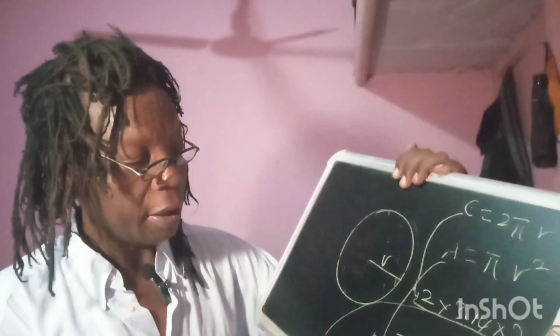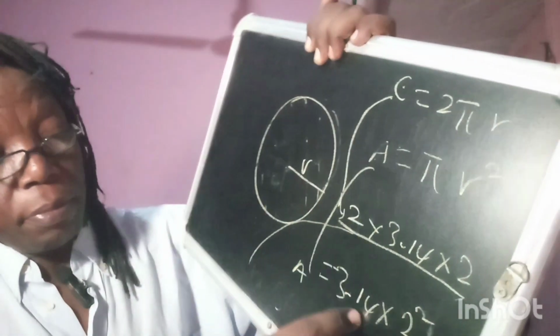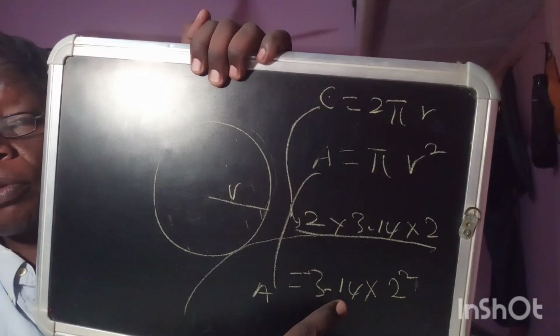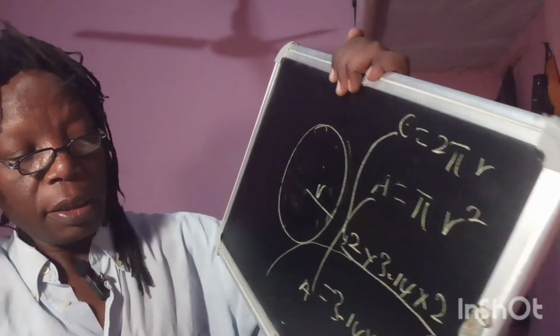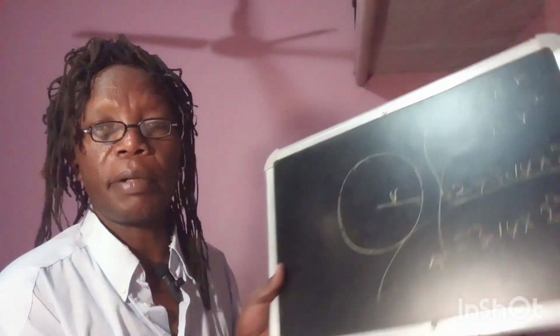So I've done the area here. We got pi, the value 3.14, rounded up, times 2 squared, which is 4. It's going to be the same thing because it's just what we did. So it looks like area and circumference mean the same thing according to this.